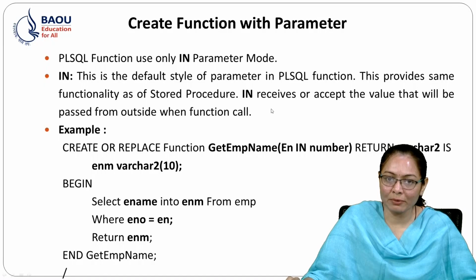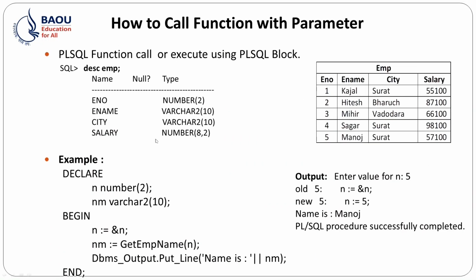Here the employee number is accepted by the en variable, and the en variable is matched with the employee table column e number, and then it returns the name into the enm variable. Now when we execute this PLSQL block, it will ask to enter the value for n. This ampersand asks me to enter the value for n.